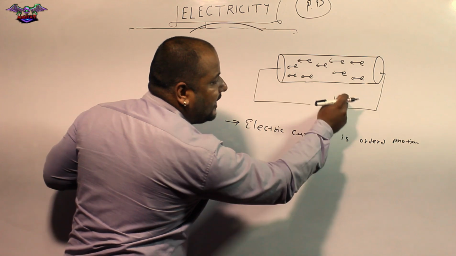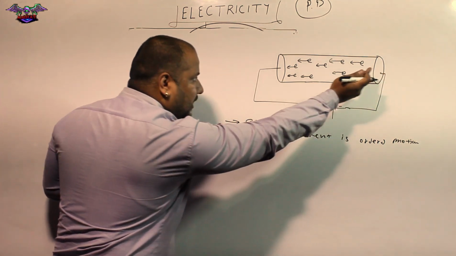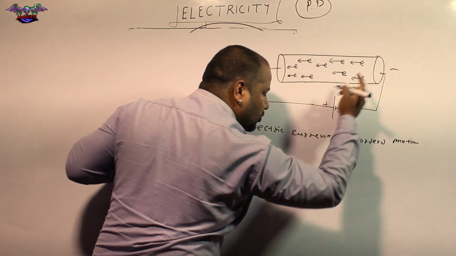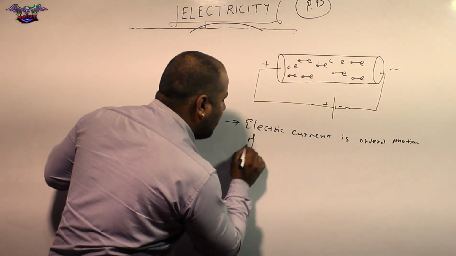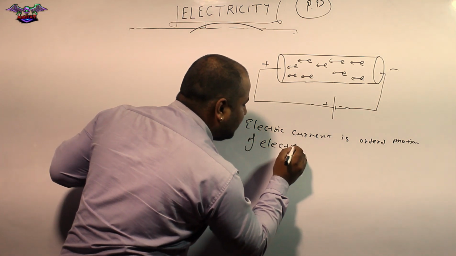By the cell, we have given an order, one direction, to the charges. So electric current is the ordered motion of electric charge.